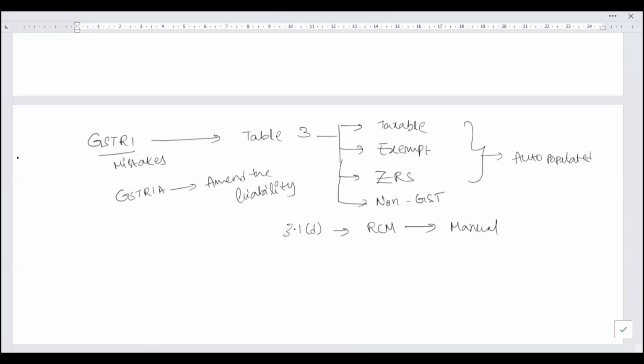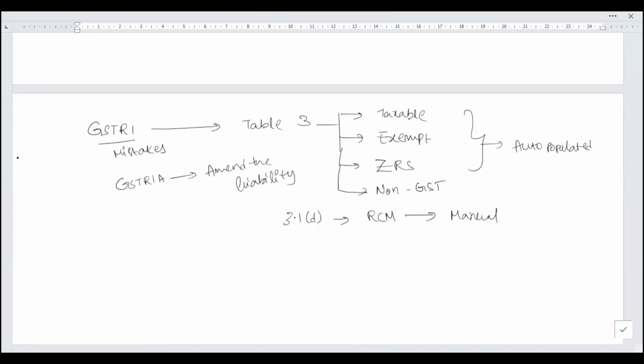Now, one question here. Assuming we are filing GSTR3B, 12 per year. Let's say October, April, May, 6, 7. Let's take month 7. Month 7, let's assume October, I'm filing my return. Now I'm doing it for, say, 25-26. This is month 7, October 25.